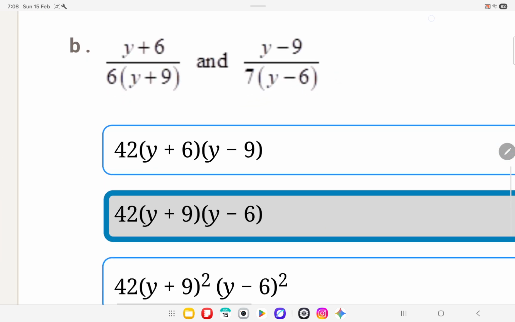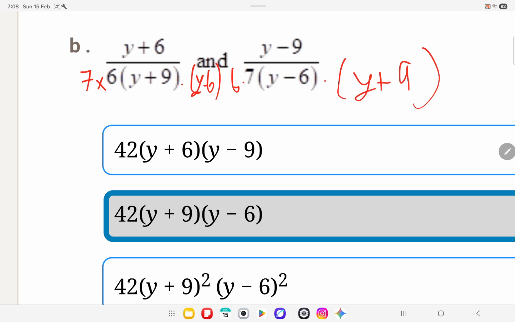Here they also want the same thing. How can we make 6 and 7 the same? We find the least common multiple, which is 42. So you write times 7 times 6. And then here we're missing a y minus 6, so it'll be times y minus 6. And here it'll be times y plus 9.